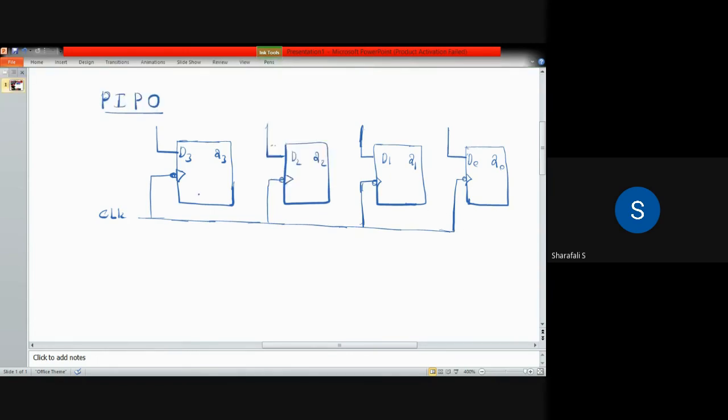So here we are providing the input data parallelly. Directly you can give 1, 0, 1, 1 data here, and directly you can take data parallelly.